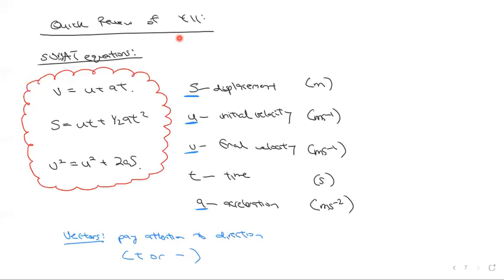And you should also remember, when can you use your SUVAT equations? You can use them when acceleration is constant. So those will play a sort of center role in what we'll use very shortly.